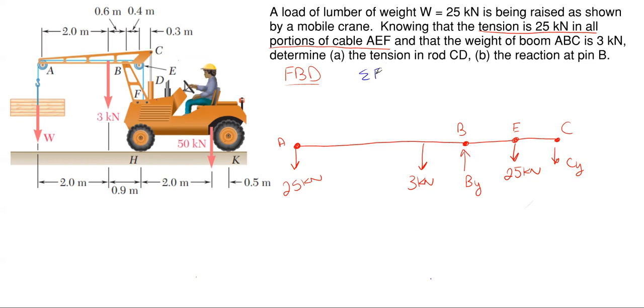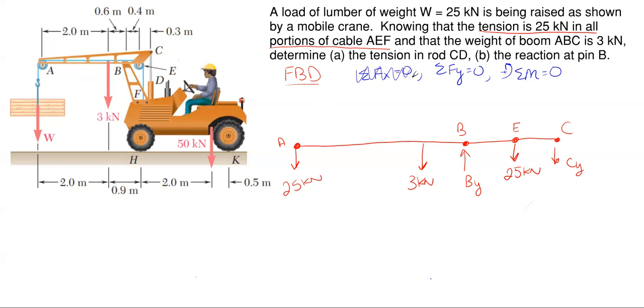So once again, we have our possibilities here of summing forces in the x, which have to be equal to 0, summing forces in the y direction have to be equal to 0, and then summing moments about a point having to be equal to 0. Well, technically point B could also have an x directional force to it, but there's no other x directional forces being applied.